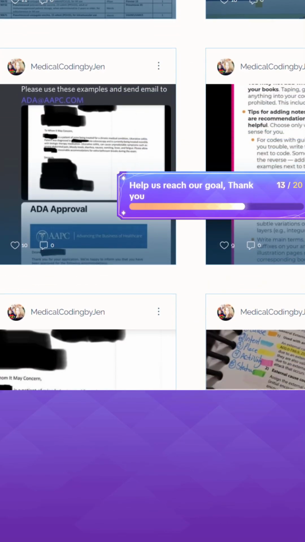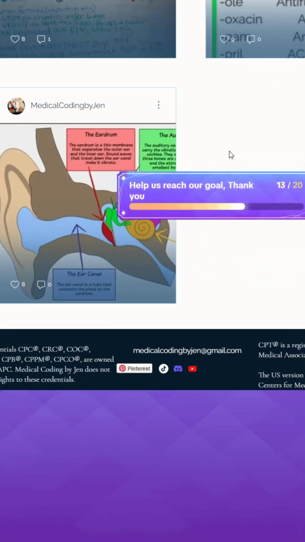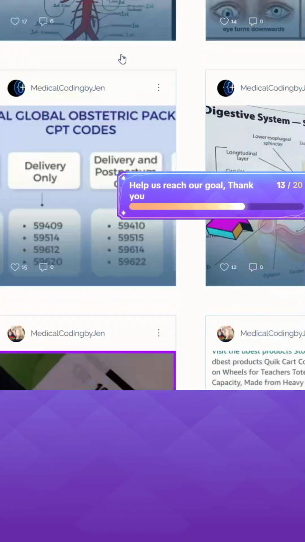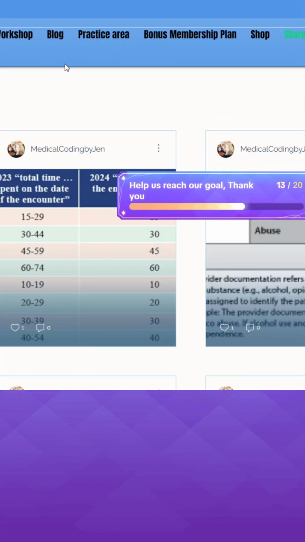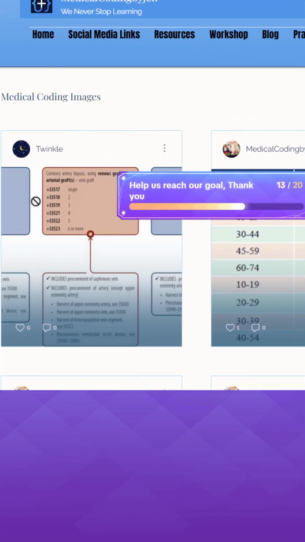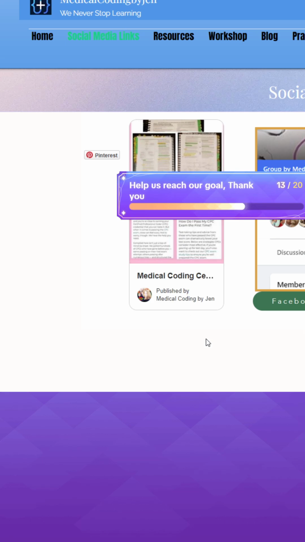This is how you get an extra hour to take the exam so that you can do each question in 3 minutes instead of 120. So super cool. But that's all free for you too on my website. Under the social media tab, we'll show you how to get into our Discord group that has free practice exam questions too.